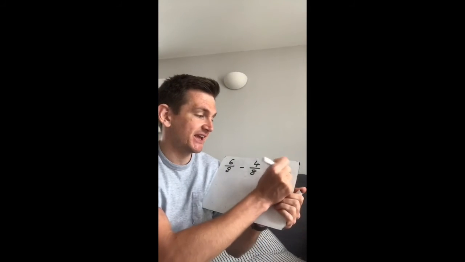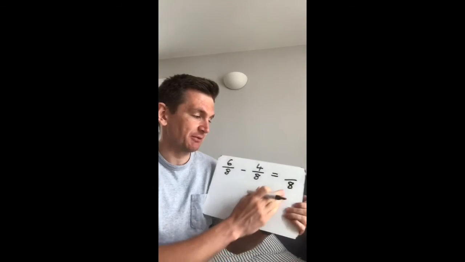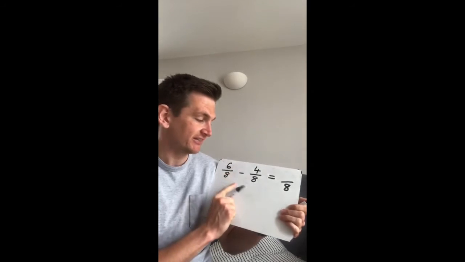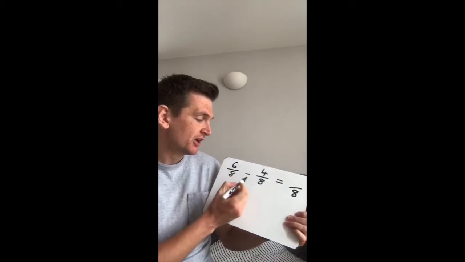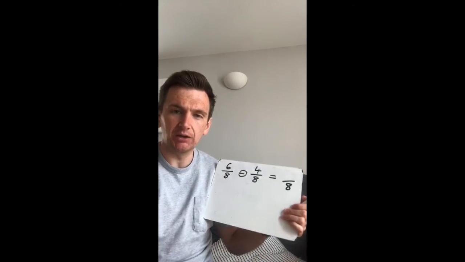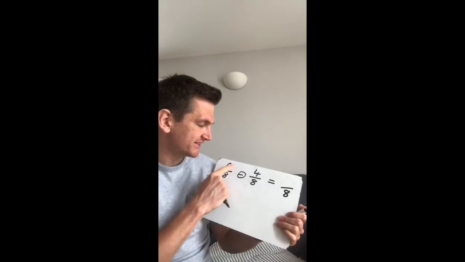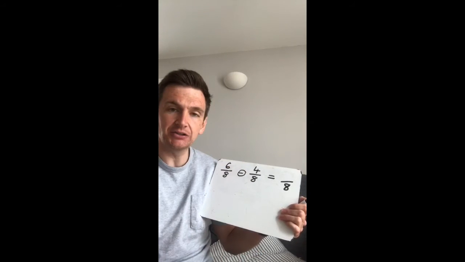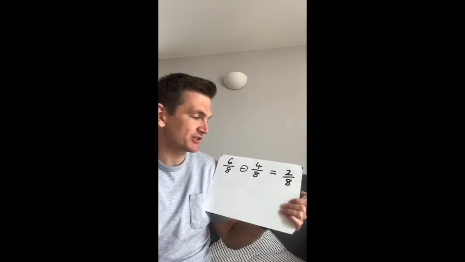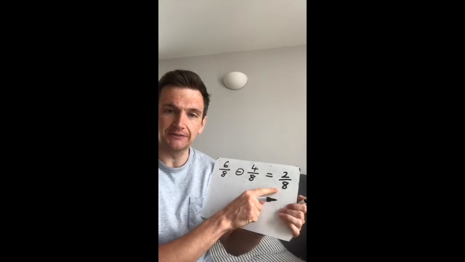They are going to stay exactly the same, and my answer will be the exact same denominator, which is in my question. So in this case, it's 8. Now, because we are taking away, we therefore need to take away our numerators. So 6 take away 4 equals 2. So my answer is 2/8.